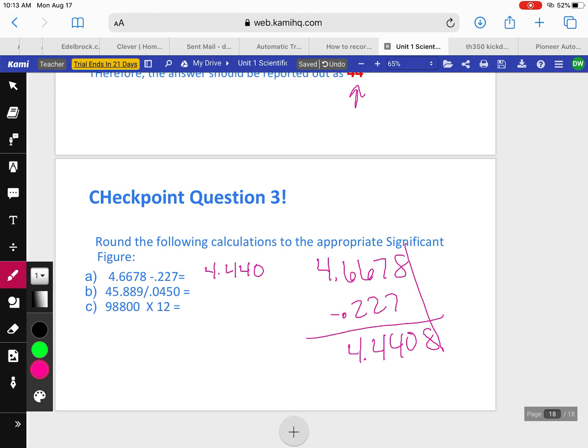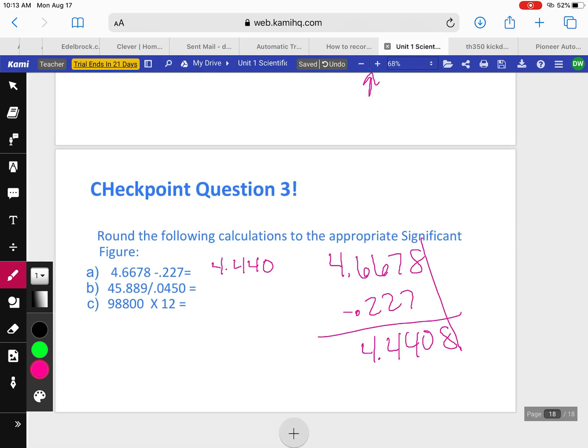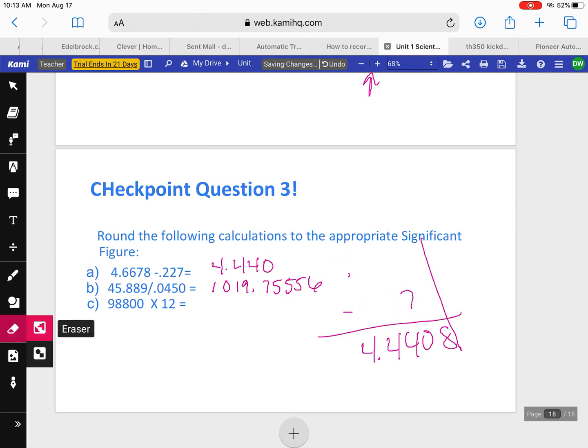All right, let's look at the division. So 45.889 divided by 0.0450, and the answer that you get when you put it into your calculator is 1019.75556. Now you're going to want to round that, right? You're not going to keep all that. I'm going to erase this.